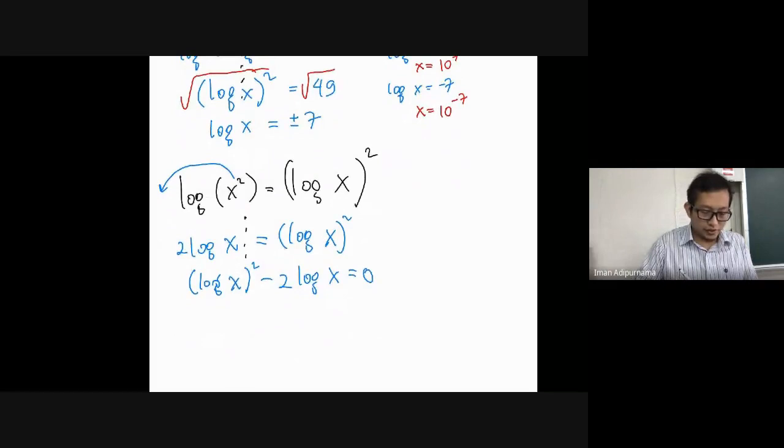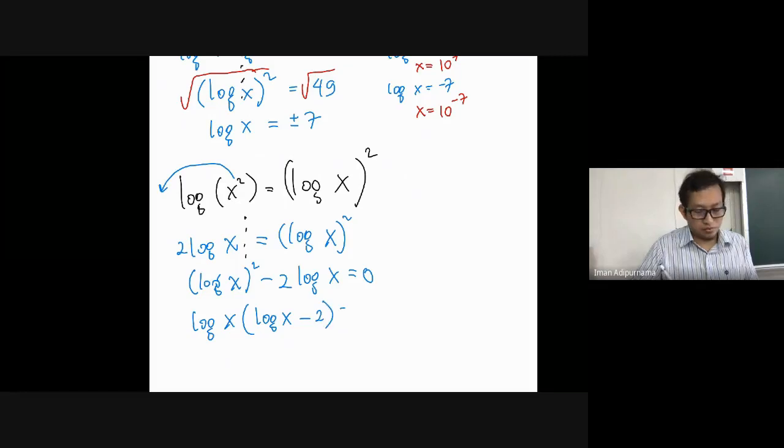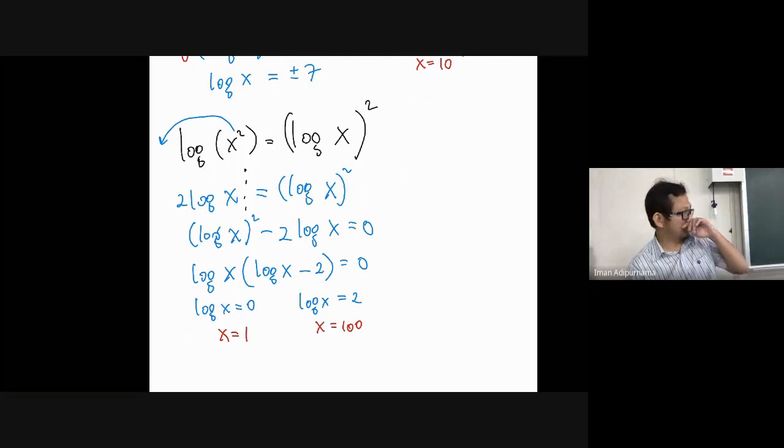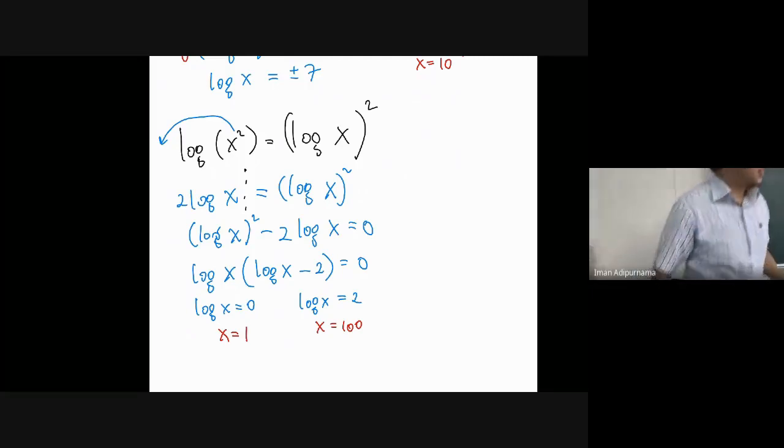Okay, let's just factorize this. Log x times log x minus 2. Okay. First, log x is 0. This is when x is 1. Second, you have log x is 2 and x is 100. Okay, got it?